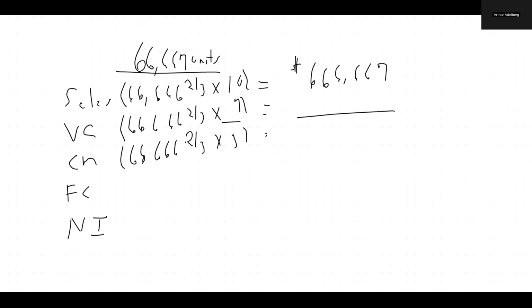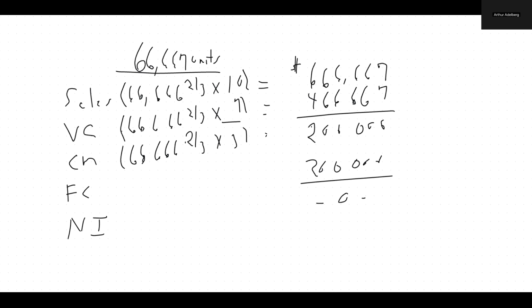And if you do the same thing with the $3 per unit of contribution margin, you're going to get 200,000. And the fixed cost is 200,000. And therefore the net income is 0. So we know we did the problem correctly.